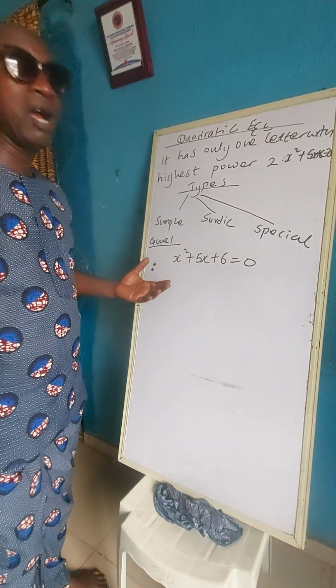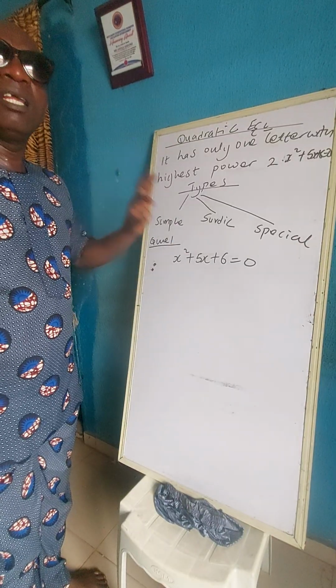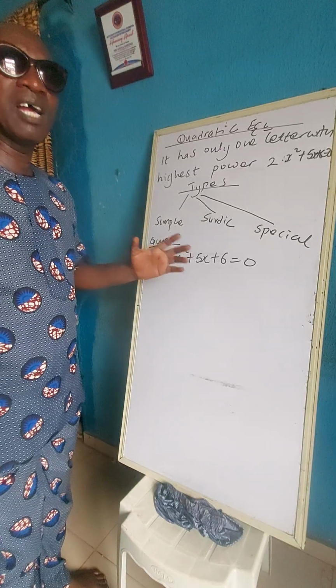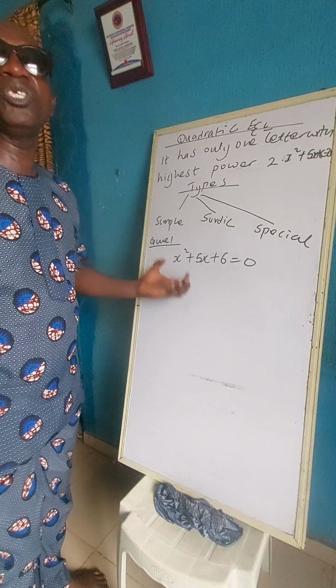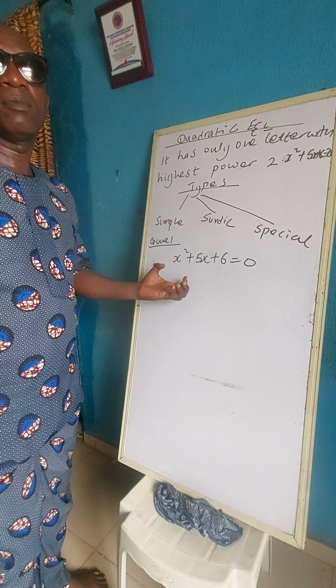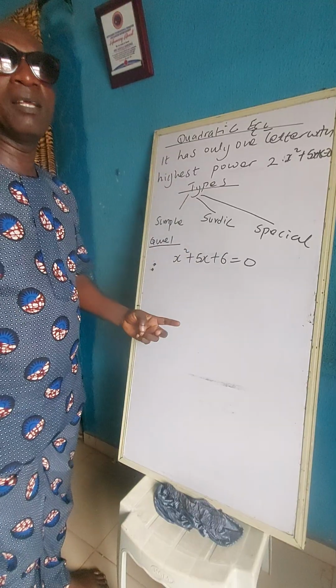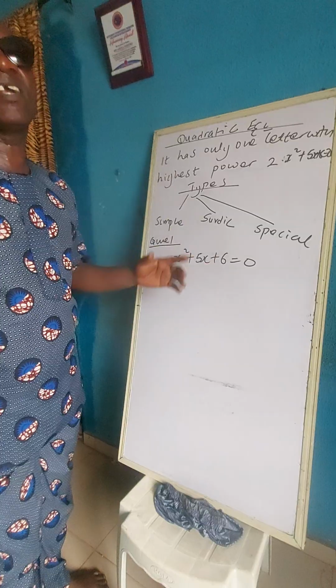Now, unlike linear equation, quadratic equation has specific methods to solve it. We have factorization method, use of formula, completing the square, and graphical method.